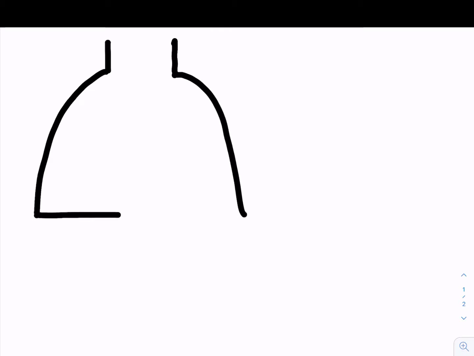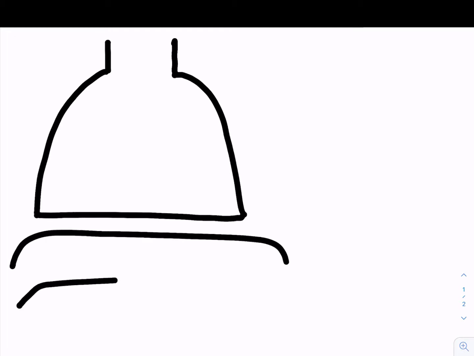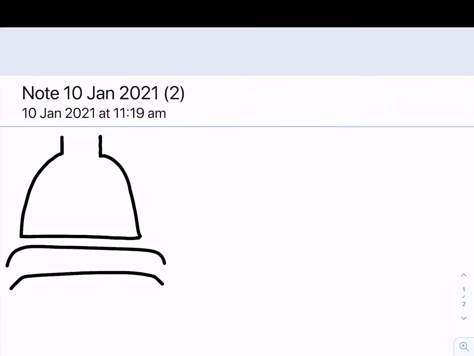Apologies for my poor diagrams. Okay, so there's the lung and there's the circulation. Okay, let's zoom out a bit more.